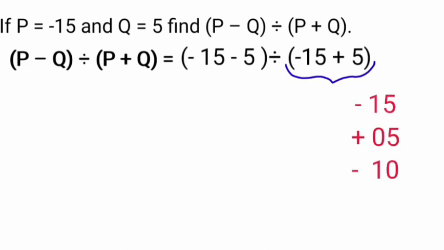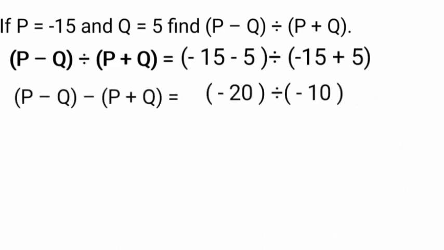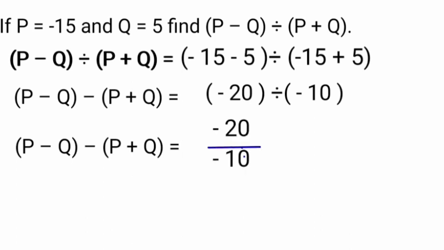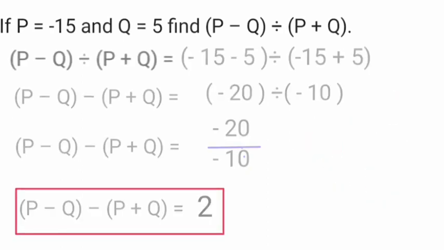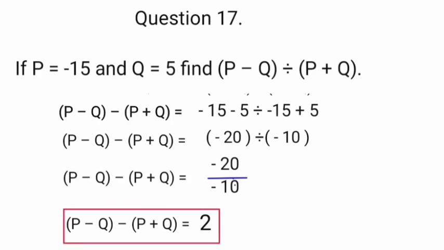In minus 15 plus 5, both numbers have alternate signs, so they should be subtracted. Therefore minus 20 is divided by minus 10. In both numerator and denominator the numbers have a minus sign. That minus can be cancelled, and by dividing 20 by 10 we get 2, which is the required answer.